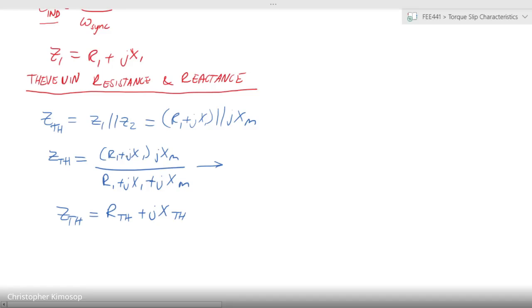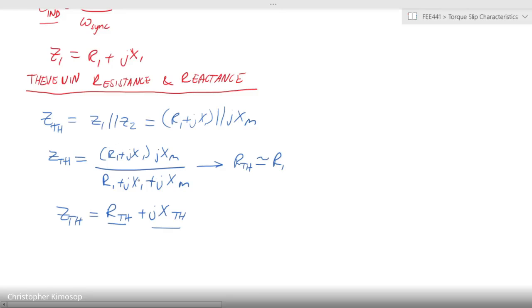Okay, we can separate out the real and the reactive components of this expression into two different components, which are a Thevenin resistance and a Thevenin reactance. Now, algebraically, it's a bit complex to derive, so I won't go into it here.